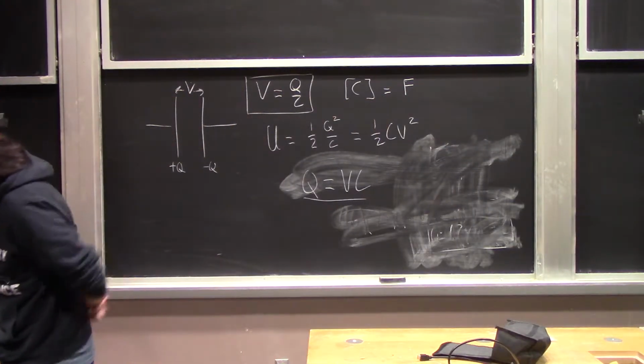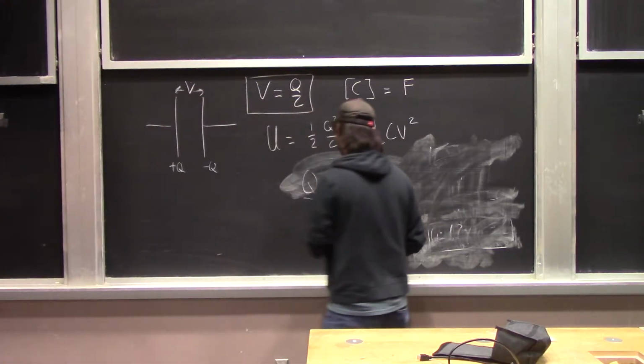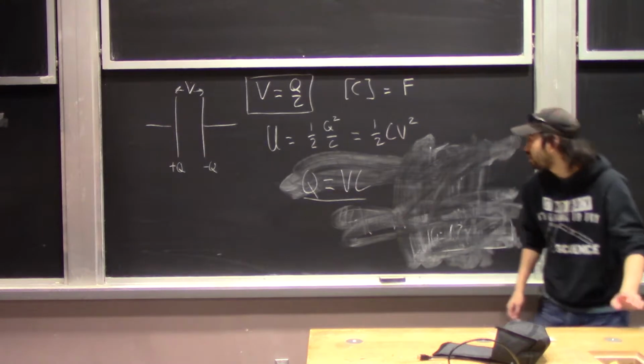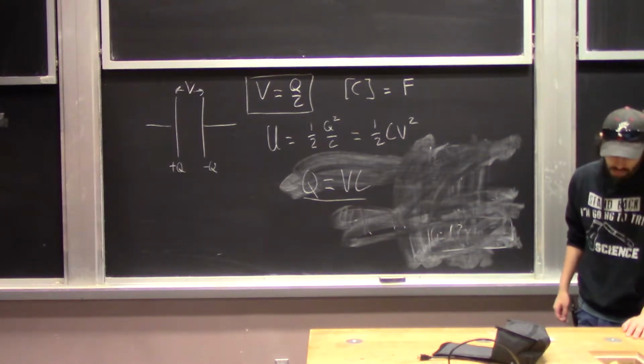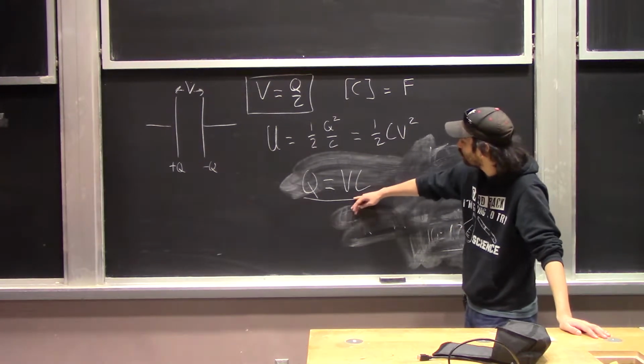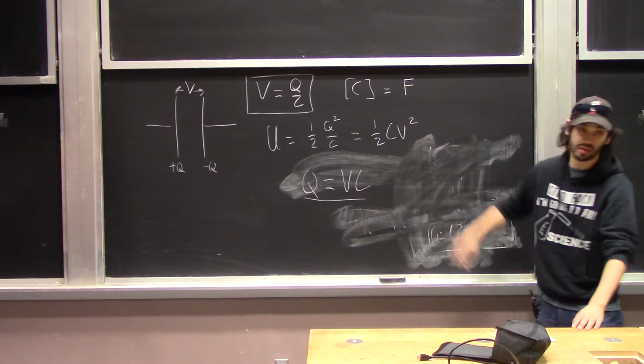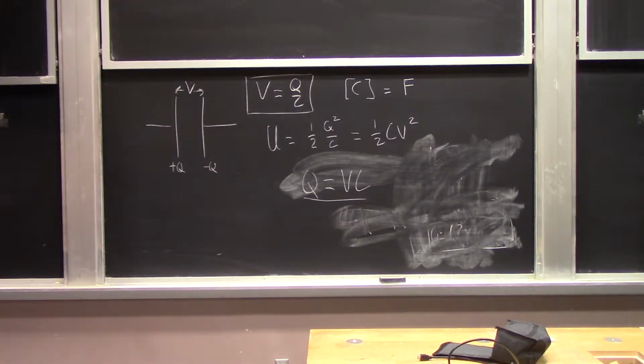We use exactly the same equation as last time to determine the charge. But now we additionally need the potential energy, so we can use this equation to find the charge, and then this equation to find the potential energy, and when we do that we find that this is answer choice A.